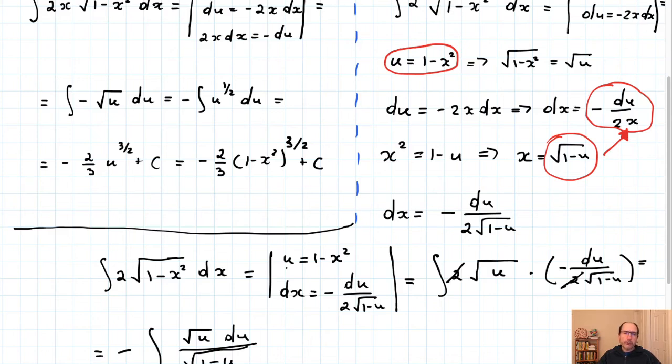Comparing the two integrals, you will probably agree that the second integral that we just obtained in terms of u is not simpler than the first. And so this substitution doesn't really help to calculate this integral.